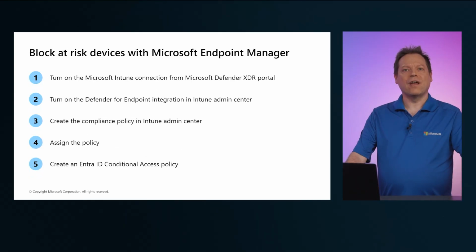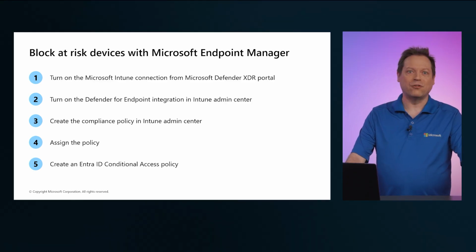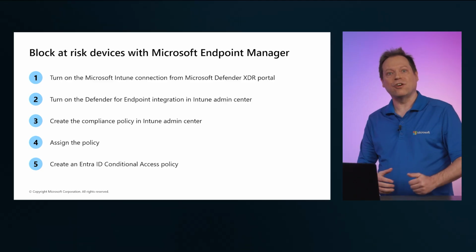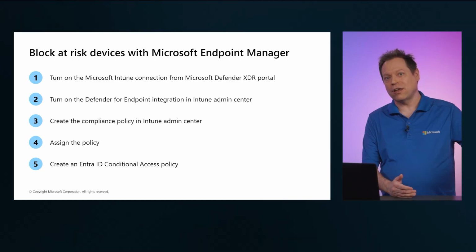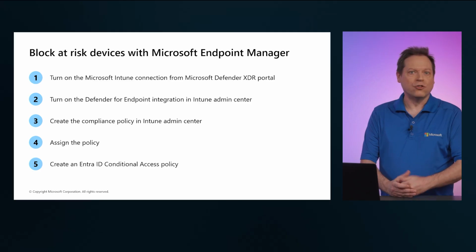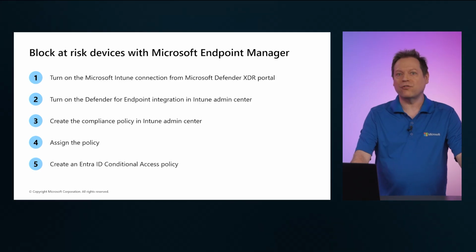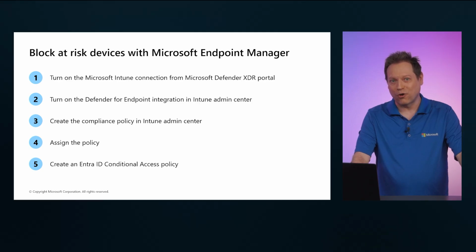Here we connect endpoint risk to access control by using Microsoft Defender for Endpoint and Intune with conditional access to block at-risk devices. The flow starts by turning on the Microsoft Intune connection from the Microsoft Defender XDR portal.